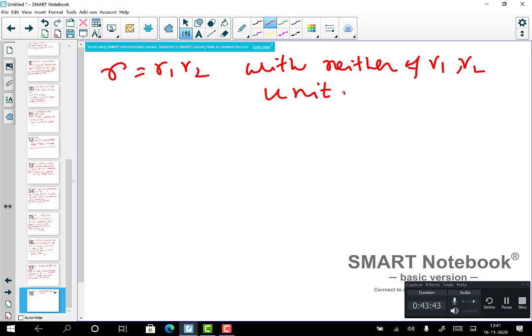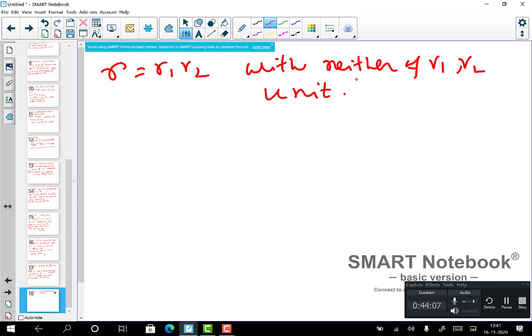They cannot be units, right? If one of them is a unit, then R1 or R2 has to be an associate of R. But that is okay, right? Associates generate the same ideal, so you don't have to bother about that. Okay, so if R is not an irreducible element, you can break it into smaller elements which are not units.